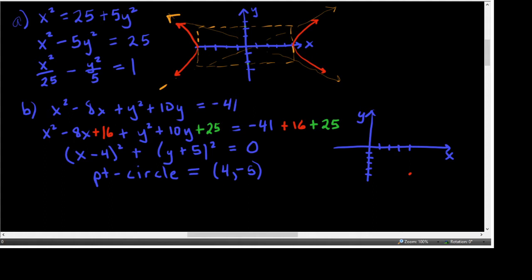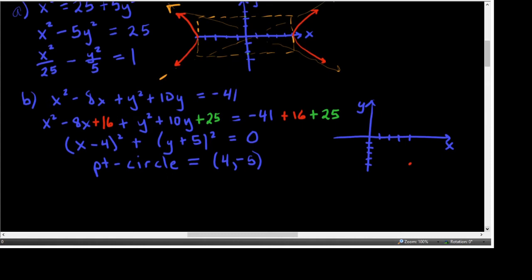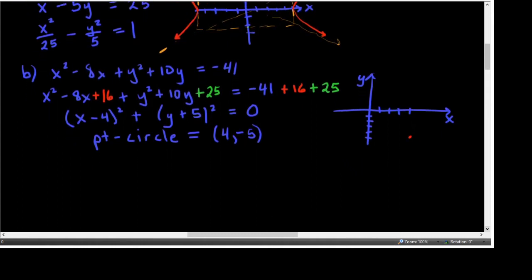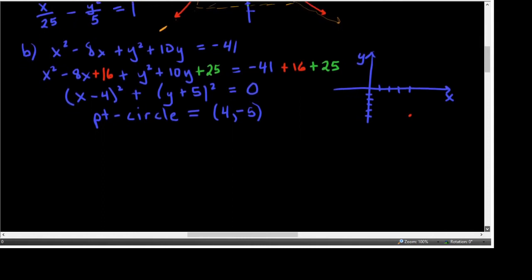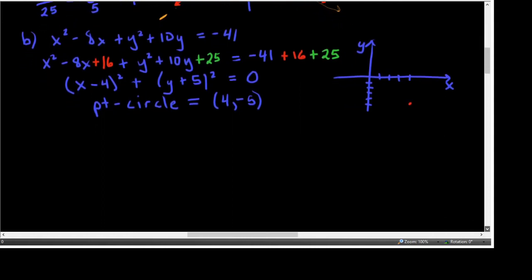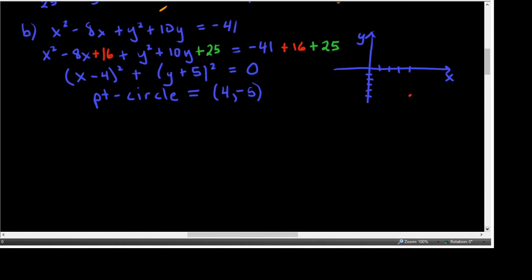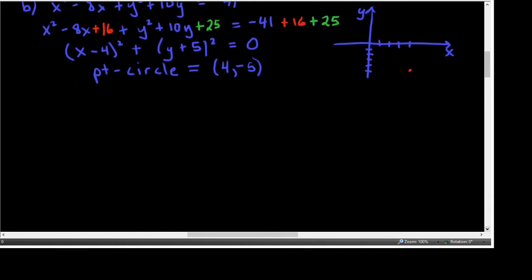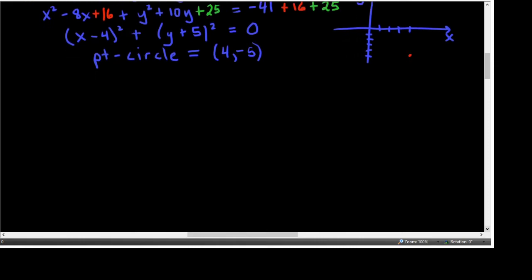So that's kind of interesting. Okay, if you have a sum of two perfect squares that equals a negative number, that can't happen. That would be no graph. Just saying, in case that comes up, that's just a no graph situation. All right, let's do the next one. C.